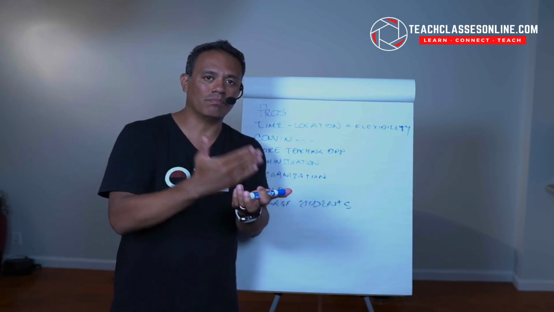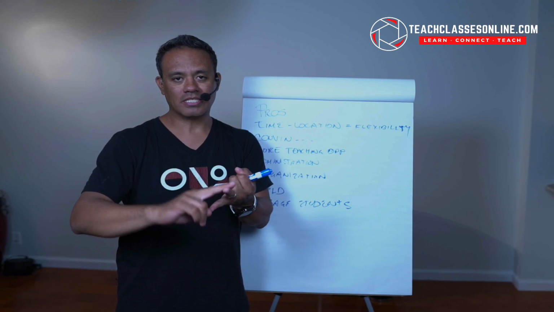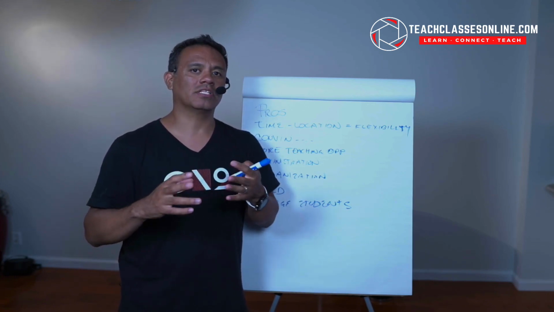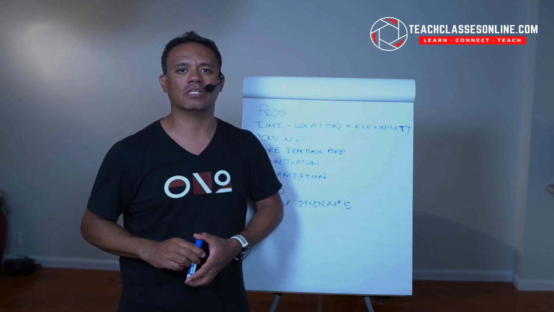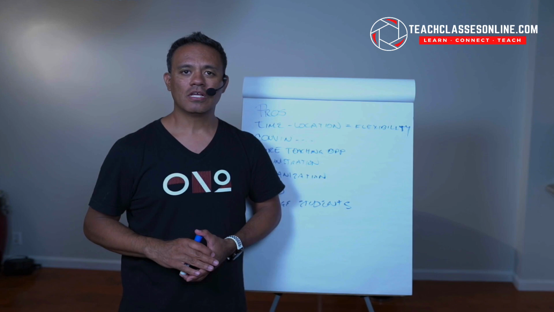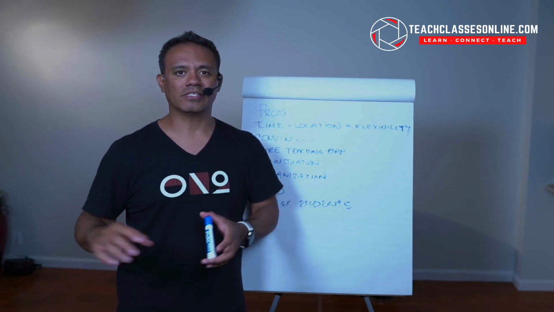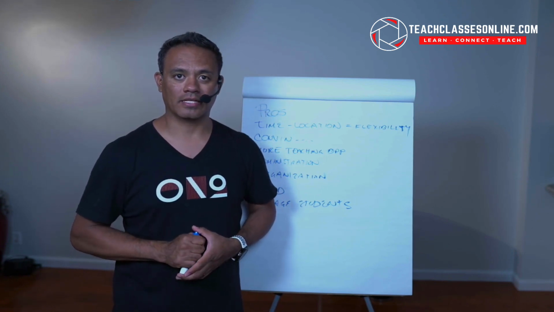But if you have to match the beat and the timing, for example tango, salsa, swing, or any other type of dance that requires to be on the beat, on the timing of the music, hip hop, anything, right? Then you need to do a little bit of a different setup, which I also teach on teachclassesonline.com.